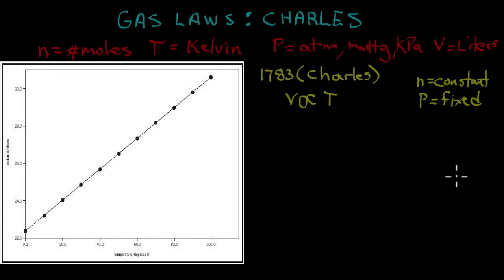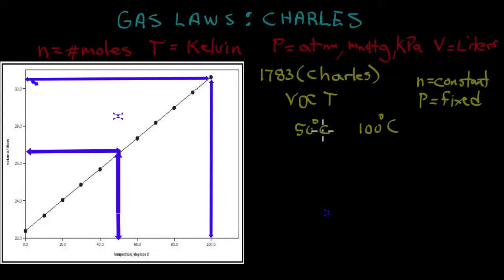If we take 2 particular temperatures, let's say 50 degrees Celsius and 100 degrees Celsius, notice the temperature doubles. What do you think will happen to the volume? You have a fixed amount of the gas. The temperature doubles. What do you think happens to the volume? I've seen this on tests.